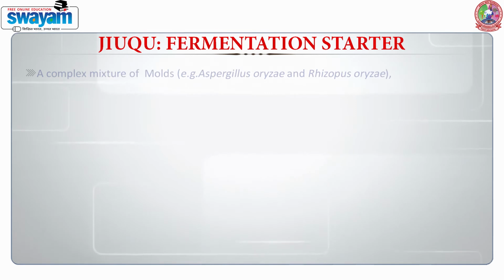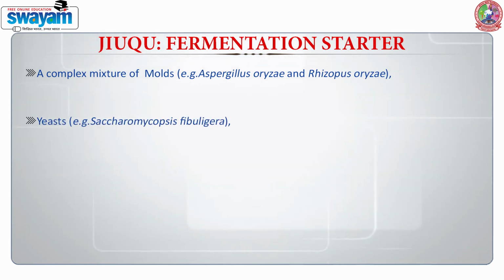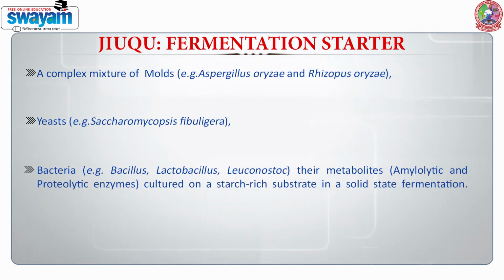An example of mixed type of starter culture is Jiuqu. It is a complex mixture of molds such as Aspergillus oryzae and Rhizopus oryzae, yeast, for example Saccharomycopsis fibuligera, bacteria like Bacillus and Lactobacillus, and their metabolites, primarily amylolytic and proteolytic enzymes, which are cultured on a starch-rich substrate in a solid state fermentation.